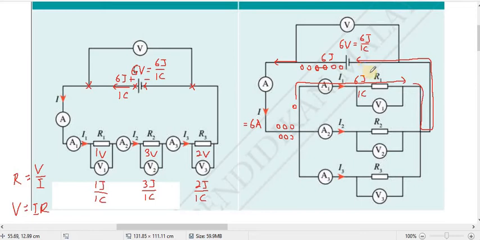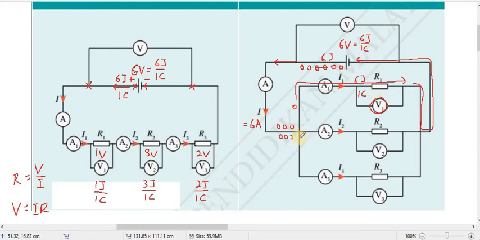No more. So only here got resistance. So the 1 coulomb that passes through here will do 6 joule. If 1 coulomb passing through this one does 6 joule of work, that means the reading will show 6 volt. The potential difference here will be 6 volt.